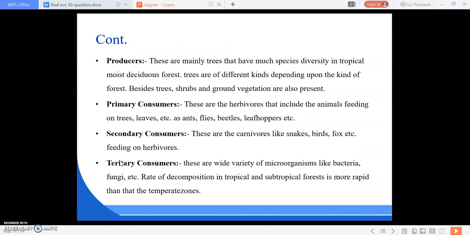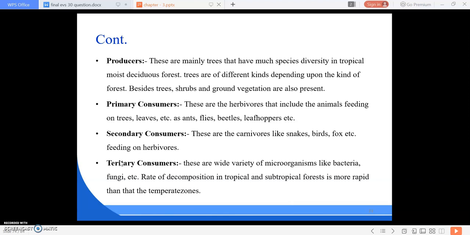So the producers are mainly trees, with much species diversity in tropical moist deciduous forest. Trees are of different kinds depending upon the kind of forest. Besides trees, shrubs and ground vegetation are also present. Next is our primary consumers. These are the herbivores that include animals feeding on trees, leaves, such as ants, flies, beetles, leafhoppers, etc. Second is our secondary consumers.